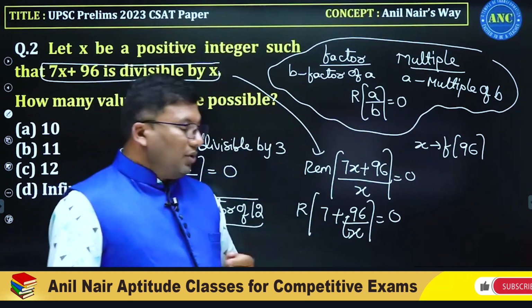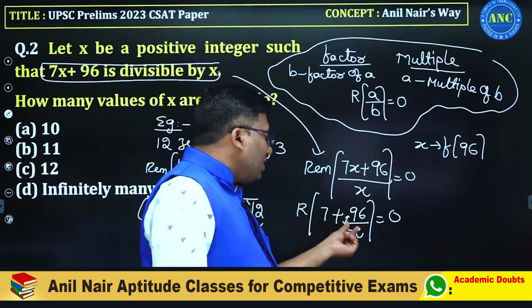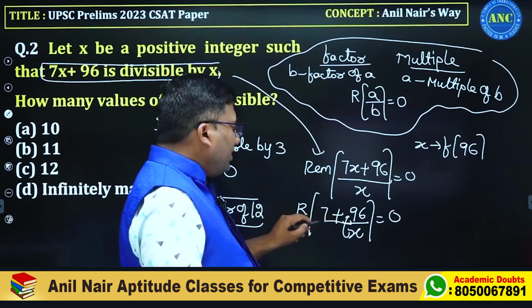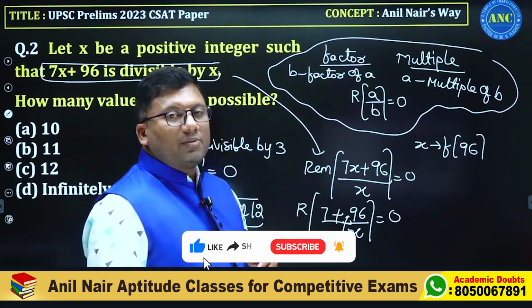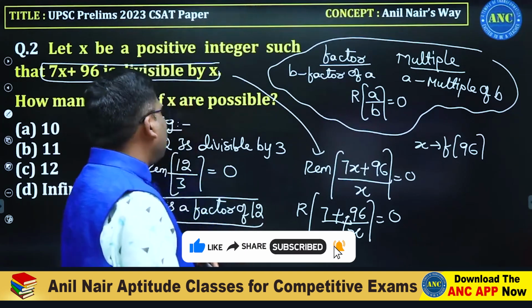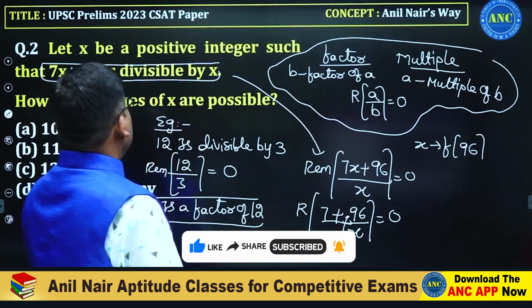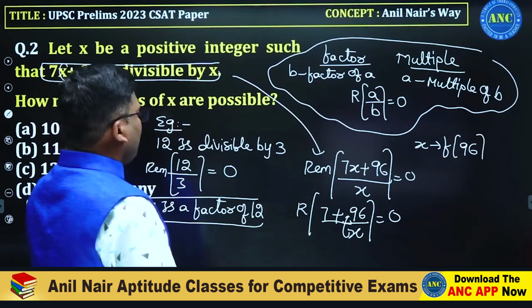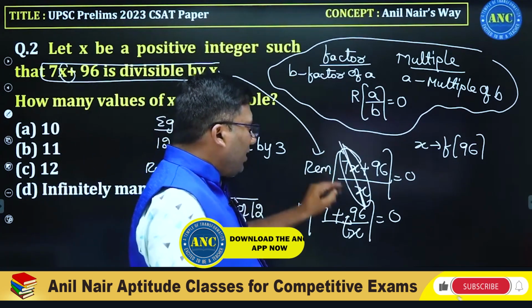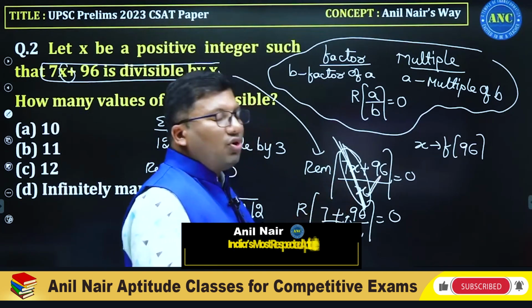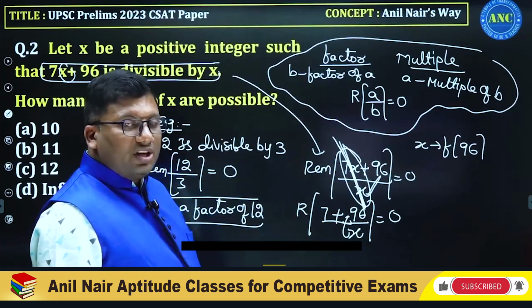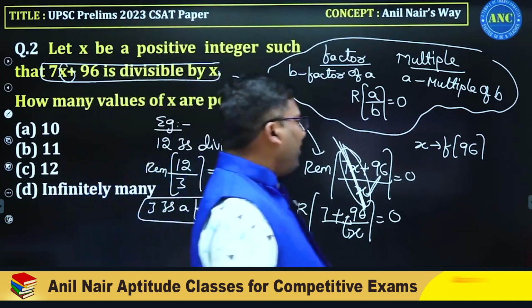Take some examples too. 96 is perfectly divisible by 2, so the remainder would be 0. 7x divided by x is perfectly divisible, so this remainder will be 0. Both remainders should be 0. For that, x should be a factor of 96.